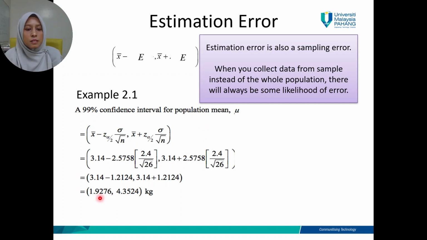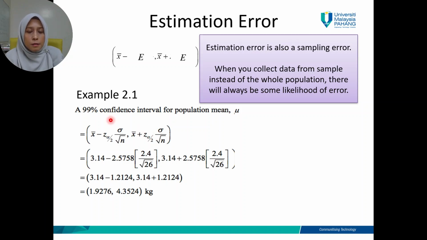This is the lower boundary and this is the upper boundary. You get these values using this formula: x bar minus z sigma divided by square root n, that is your A, the lower boundary, and x bar plus z sigma over square root n, this is your B, the upper boundary.